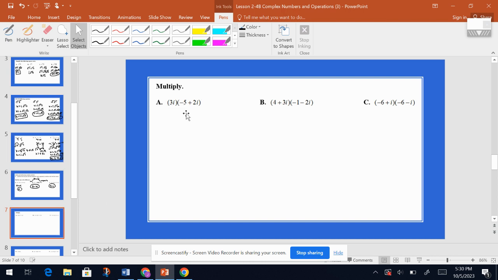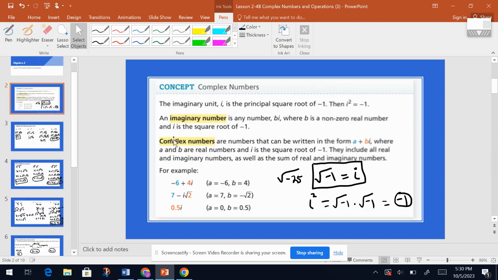Here we are multiplying. I'm going to do a couple by hand and then we'll get the calculator out and do those. Understand that when I multiply, I'm just distributing: 3i times -5 is -15i. 3i times 2i is a plus 6i squared. This is a really important concept. We talked about this at the very beginning of the lesson: you need to know that i squared is equal to -1.